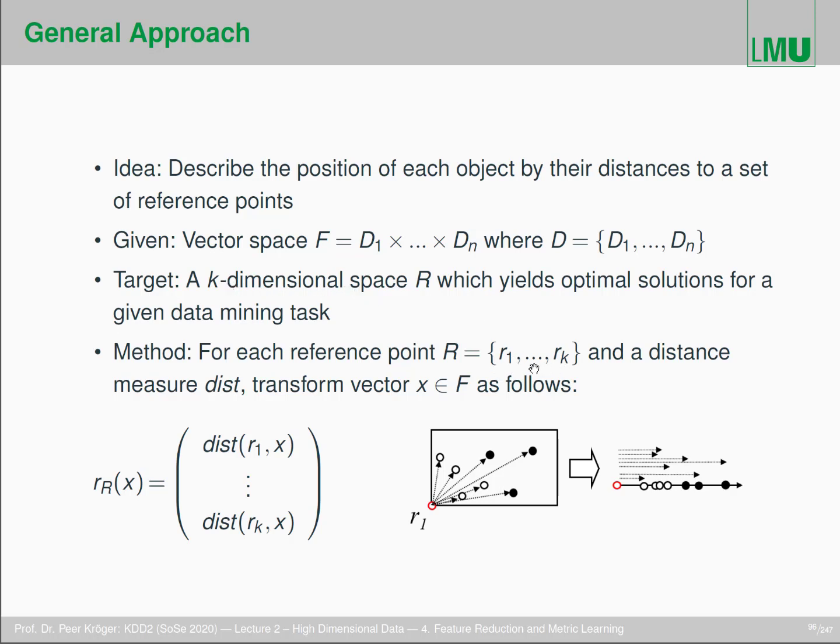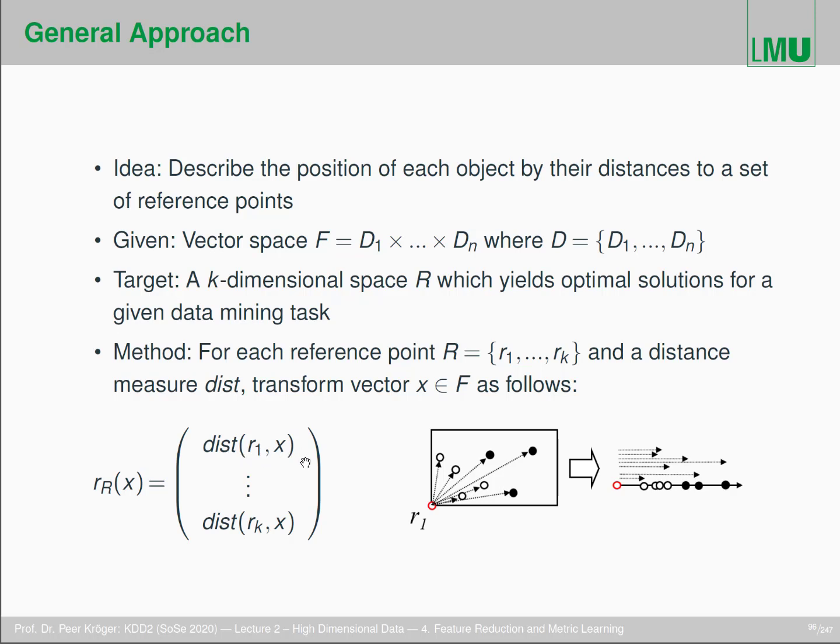So here are k reference points, random, whatever, and now you measure with a distance measure for each vector of the original feature space, of the original data space. So x is one original data object, and then you just measure all the distances of x to all the k reference objects, to all k reference points.